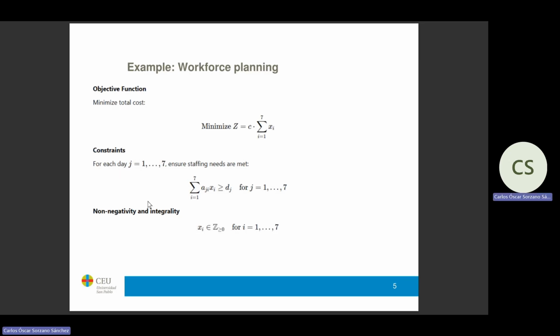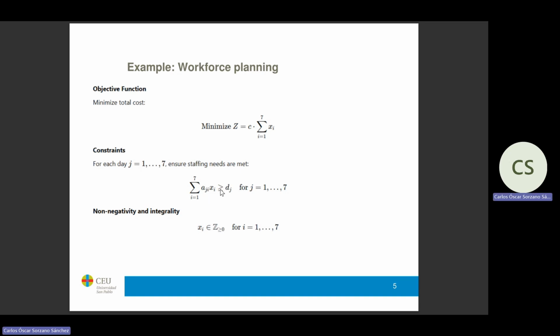So the setup of this problem is, okay, you want to minimize the total cost. So the total cost per week is the number of workers that start every day of the week times the cost of each one of the workers. And then you have to fulfill the needs of the store or whatever.